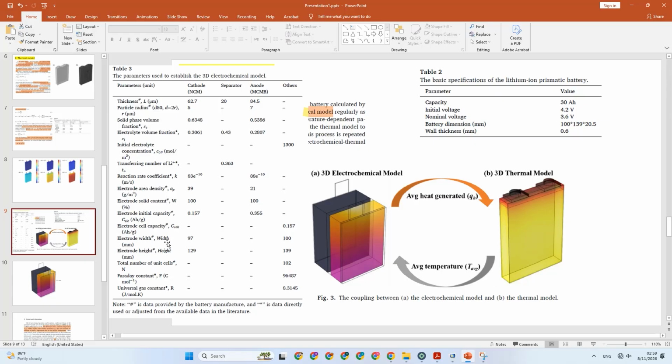Electrode width 97. Threshold is 97. It must be this, I don't know. 97, 97, 100.